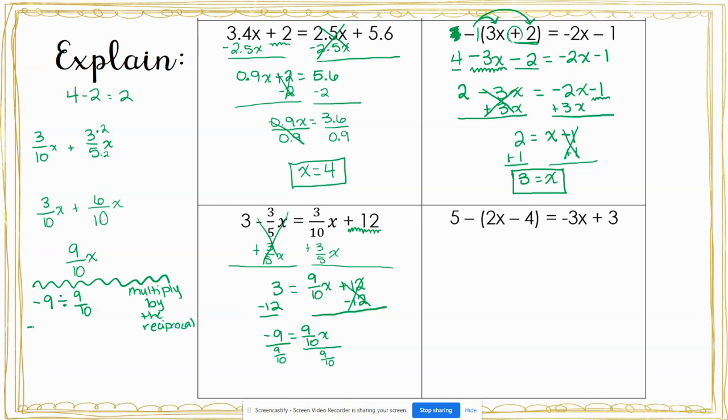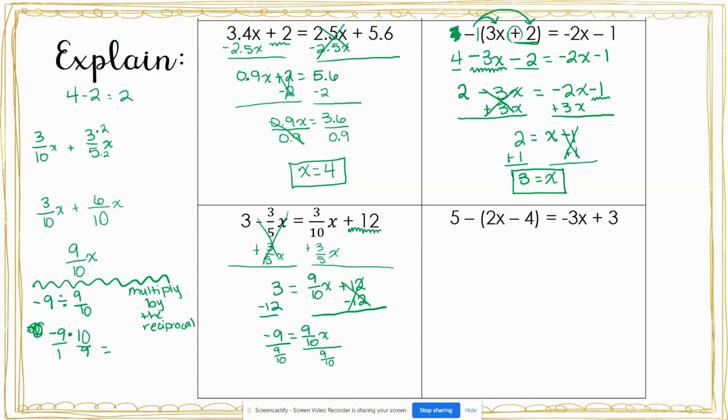So you would keep -9 and you are going to multiply it by the reciprocal or the flipped version of 9/10. The reciprocal of 9/10 is 10/9. So all we're going to do is multiply these. Well, we have a whole number and a fraction, so I'm going to put my whole number over 1 so that I can multiply.